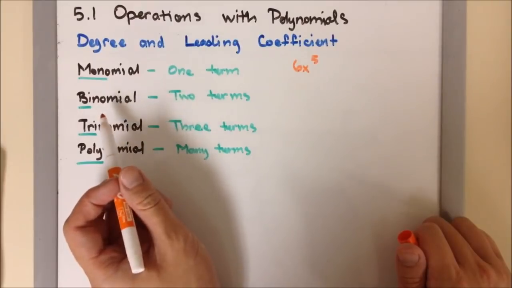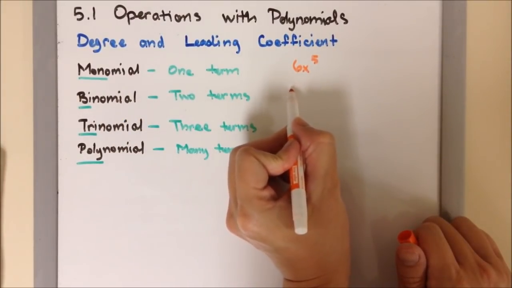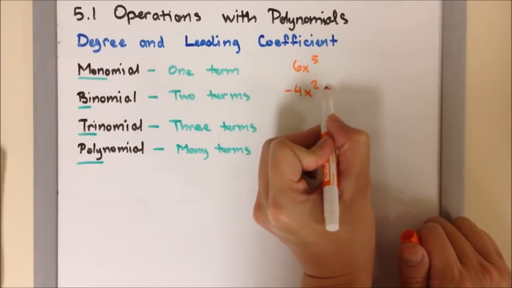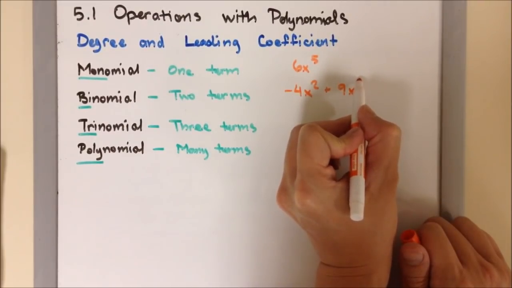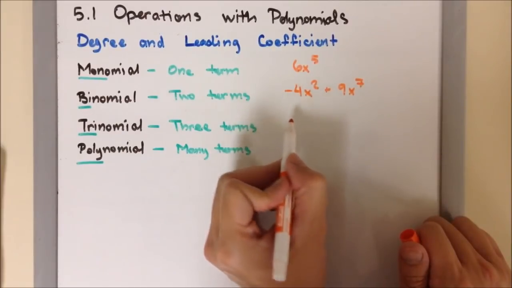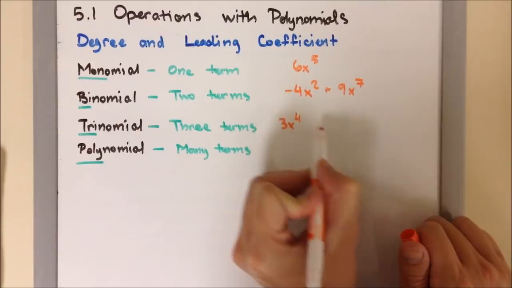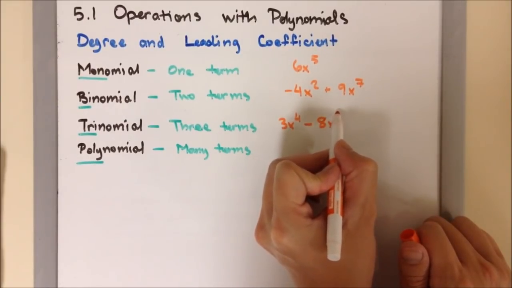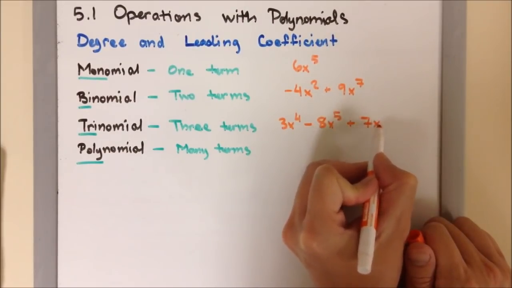And then binomial, it could be, say, negative 4x squared plus 9x to the 7th power. Trinomial would be three terms, so say we have 3x to the 4th minus 8x to the 5th plus 7x squared.